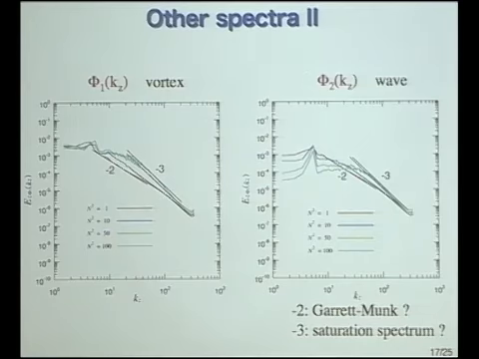So we see some mixed result, -2 and -3. And in particular, we are interested in the wave spectra in the vertical energy wave number. So -2 is maybe explained as Garrett-Monk spectrum, and with some transition to -5/3, but we don't know.